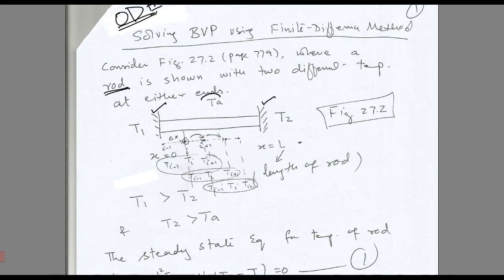TA is the environmental temperature, and the distance step is delta x. So we start from one point, then we move to the next point after delta x, and we use subscript i to highlight the movement.